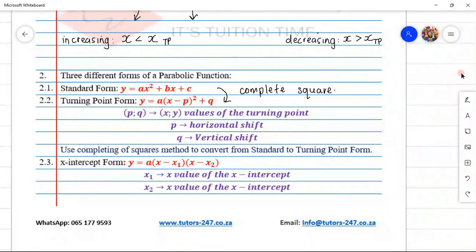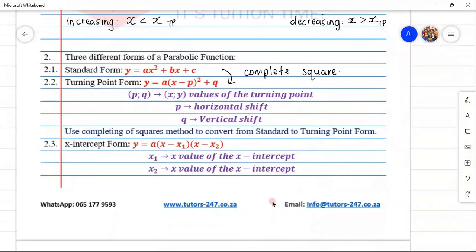Now, in order for us to go from our standard form into our x-intercept form, all we need to do is factorize the trinomial. Now, if we want to go from our turning point form or our x-intercept form to our standard form, all we need to do is just expand our function and then just simplify.